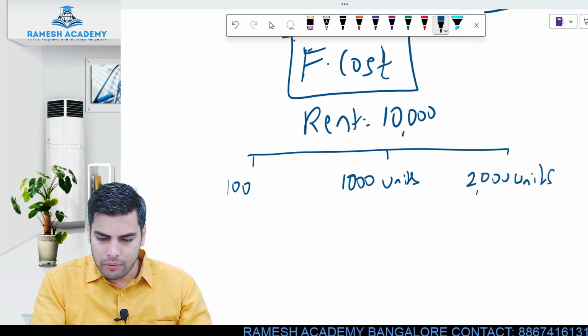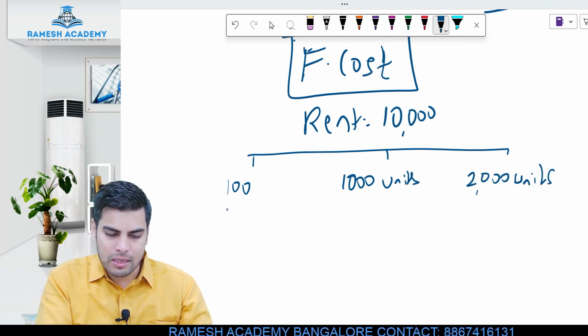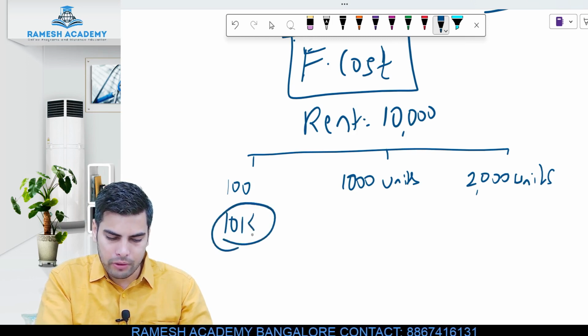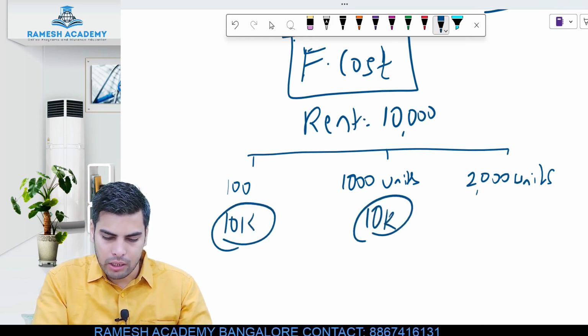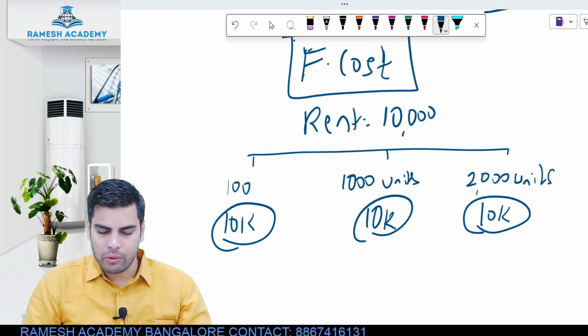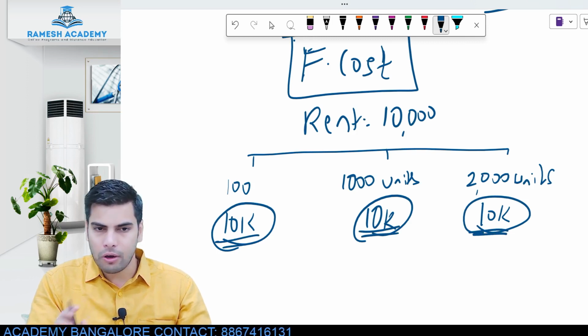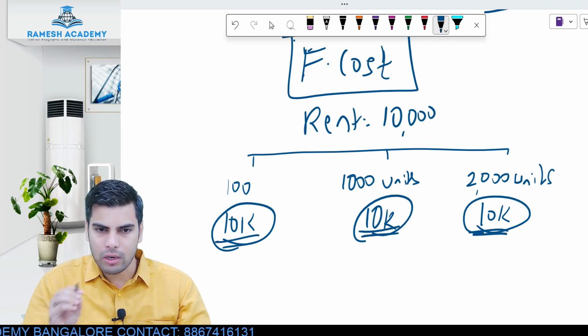It doesn't matter whether you produce 100, 1000 or 2000 units, how much rent will you be paying? The same 10,000. So in total, is this amount changing? No, it is constant or fixed. That is why it is called fixed cost.